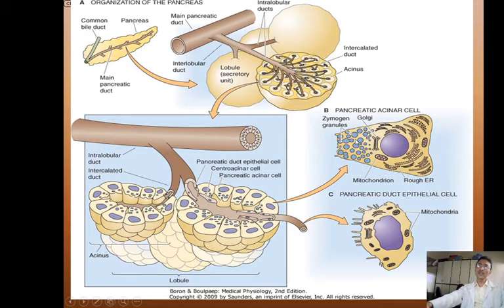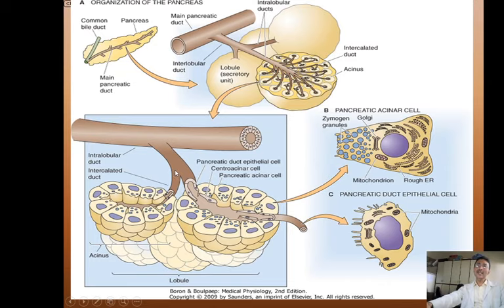These zymogen granules are the secretory granules, and these granules contain the enzymes which are responsible for the digestion of the food substances, and they are basically present in an inactive form. So remember one thing, that the function of the acinar cells is to secrete only enzymes, digestive enzymes.